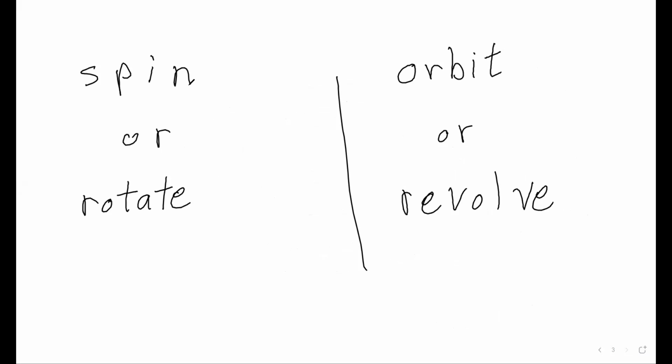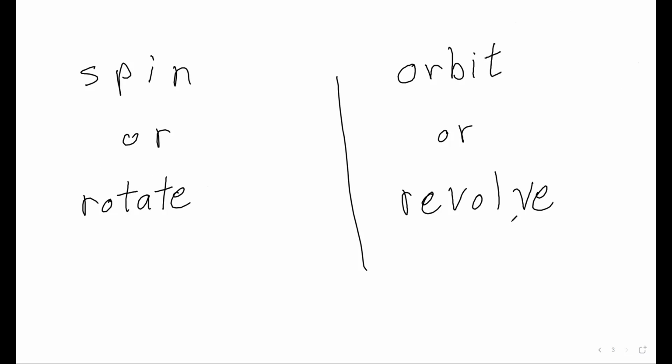Spin is when something goes around itself. The same meaning for rotate. Rotate, like spin, is when something goes around itself. But orbit is when something goes around another object. For example, Earth goes around the sun, or orbits the sun, or revolves around the sun.